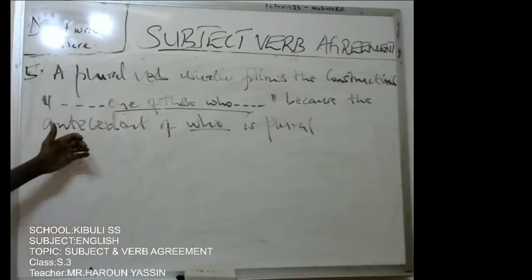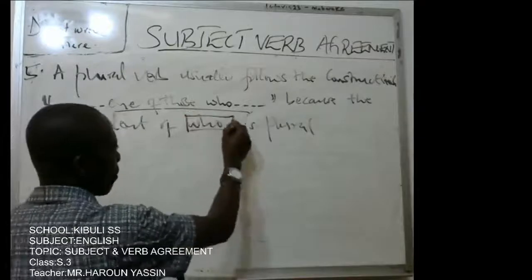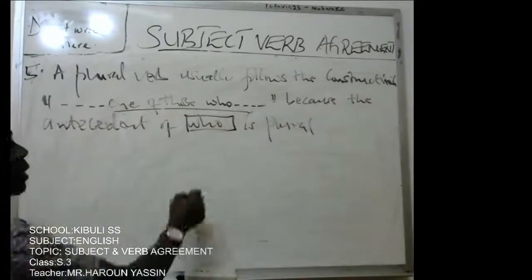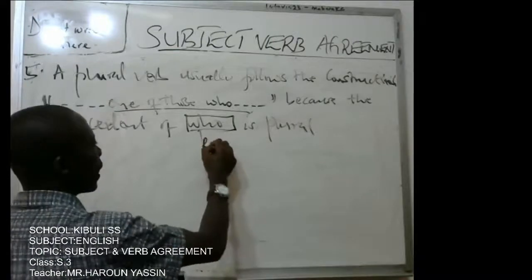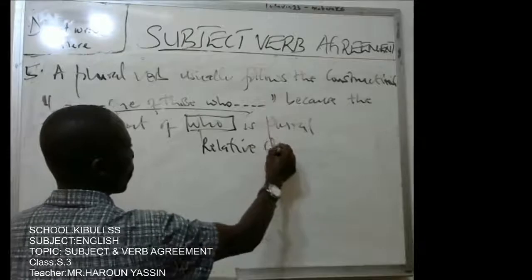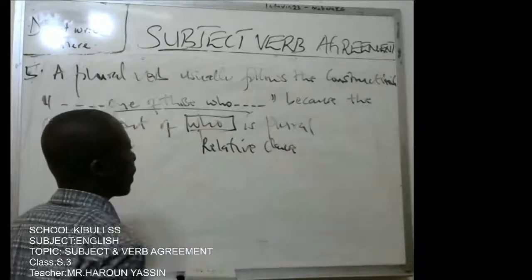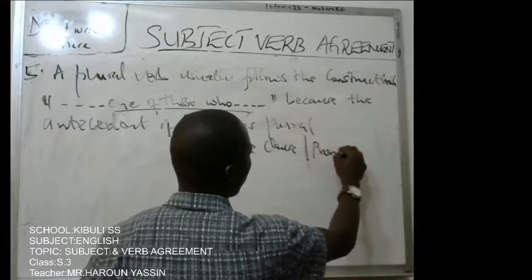What we are calling an antecedent is what you attach to the word "who," which, if you remember your grammar, is a relative pronoun.